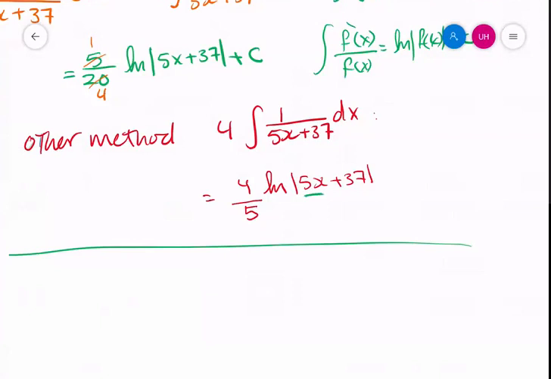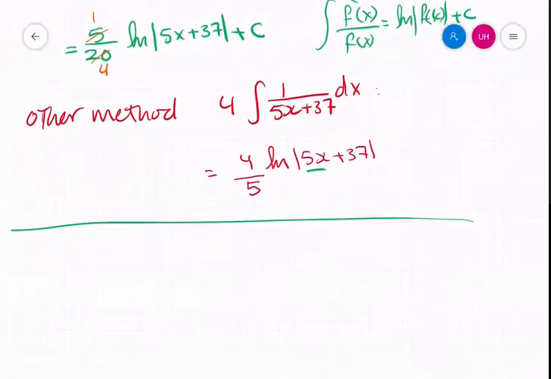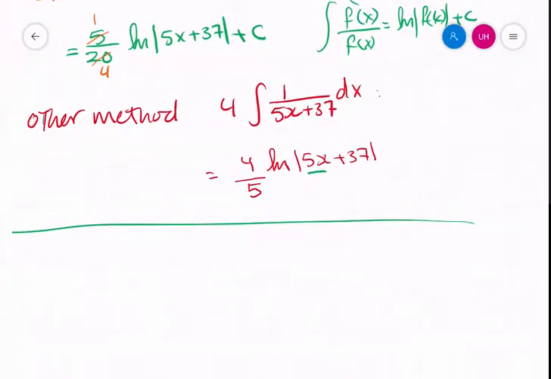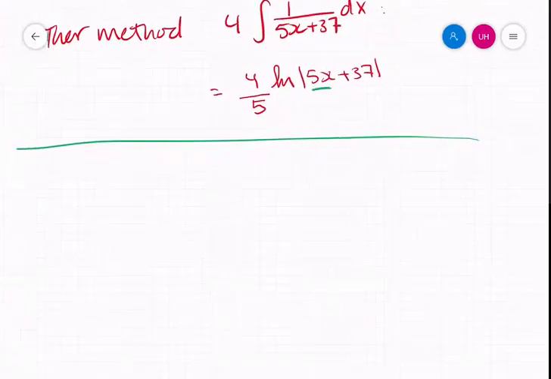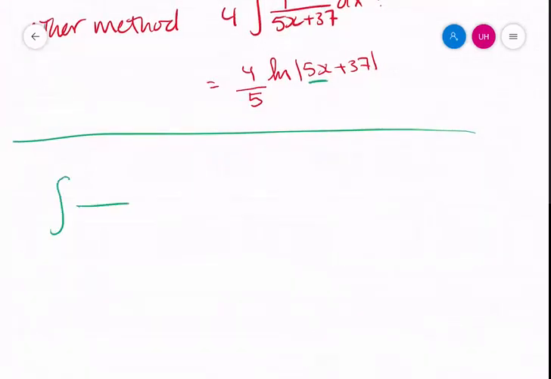Let's do another one. Okay, another one is the integral of 4 over 2 minus 6x dx.